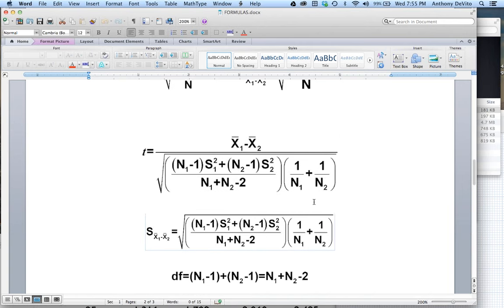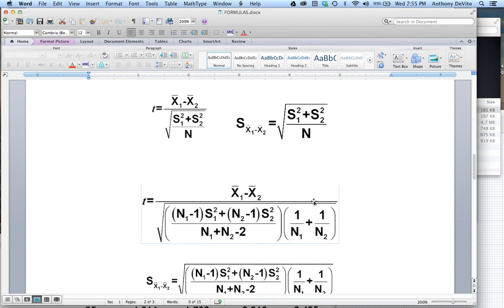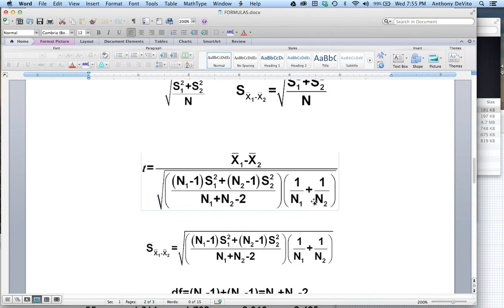So I'm actually going to save time and use this formula instead of assuming equal variances. When we look at SPSS, we're going to see that SPSS actually does both calculations. It calculates it for equal variances and for unequal variances because it's a computer.